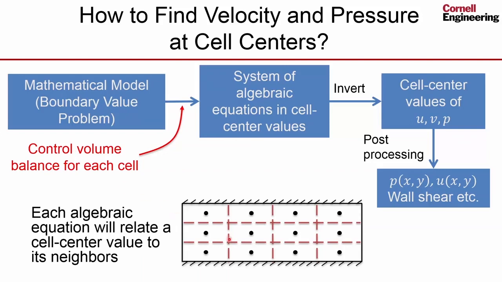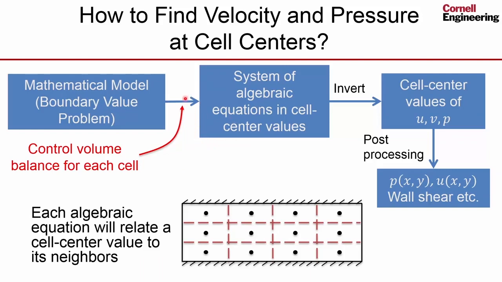The other difference is where we are calculating the unknowns. In our particular flavor of the finite volume method, we are calculating the unknowns at the cell centers. In the finite element method, you typically do it at the nodes, which can be the corners and also the midsides. But that's a relatively smaller difference compared to how you derive the system of algebraic equations.